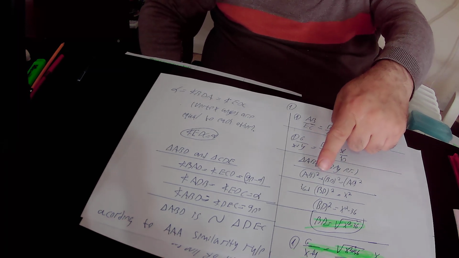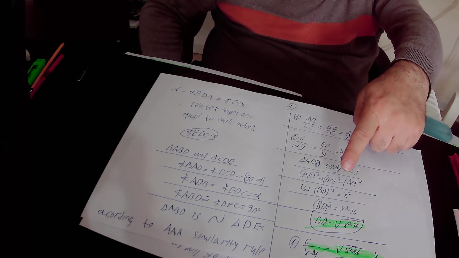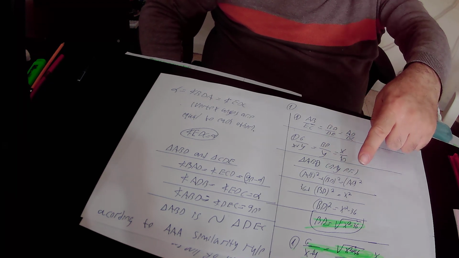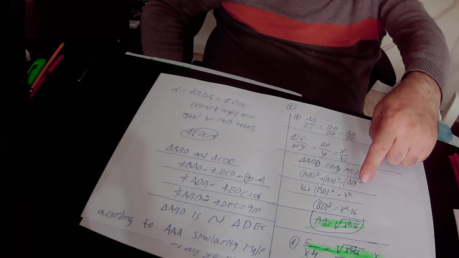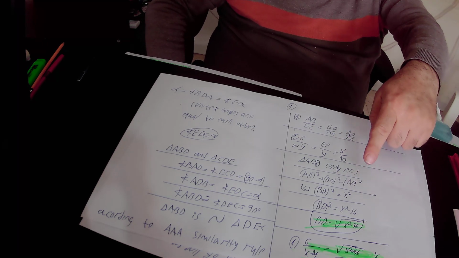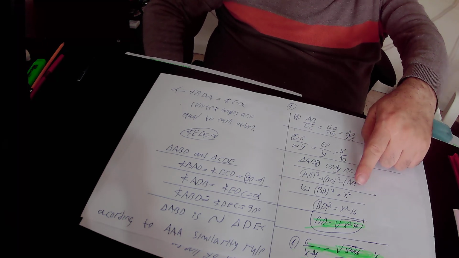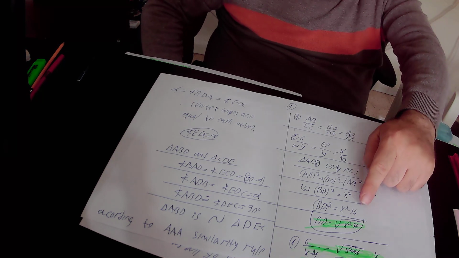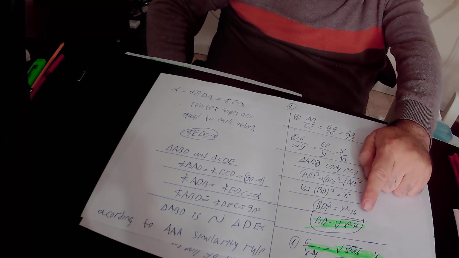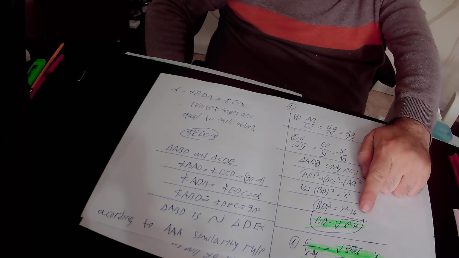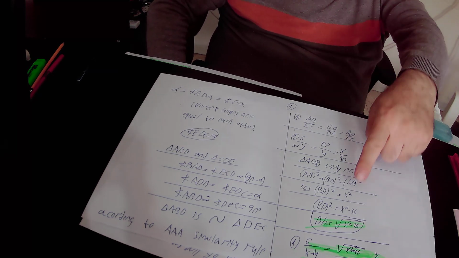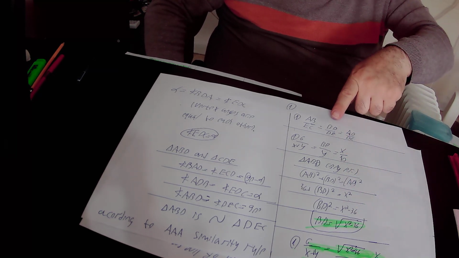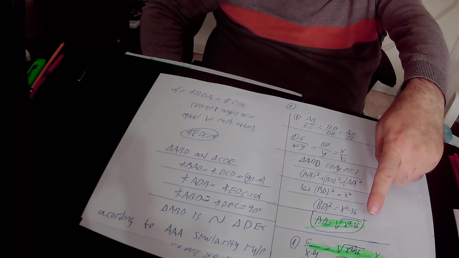AB is 6, so AB squared is 36, plus BD squared equals AD squared. AD is x, so AD squared is x squared. We subtracted 36 and got that BD squared equals x squared minus 36. We took a root and got that BD equals the square root of x squared minus 36. Now we can substitute BD in equation number 1 by the square root of x squared minus 36.